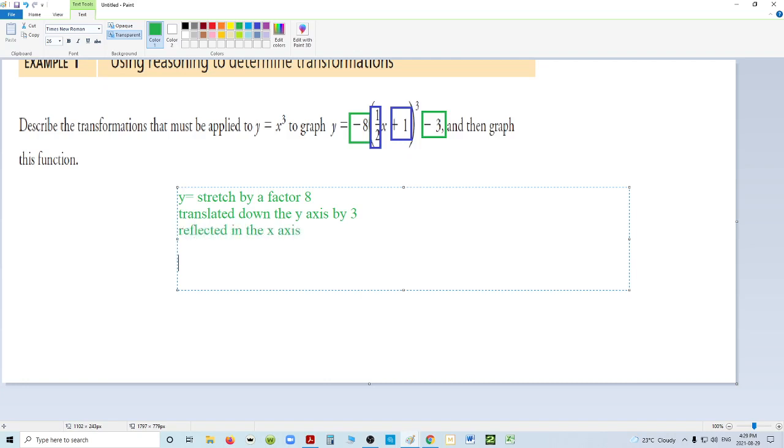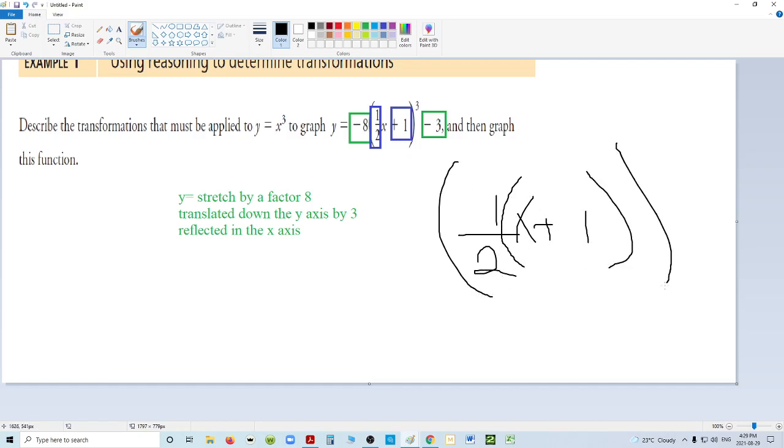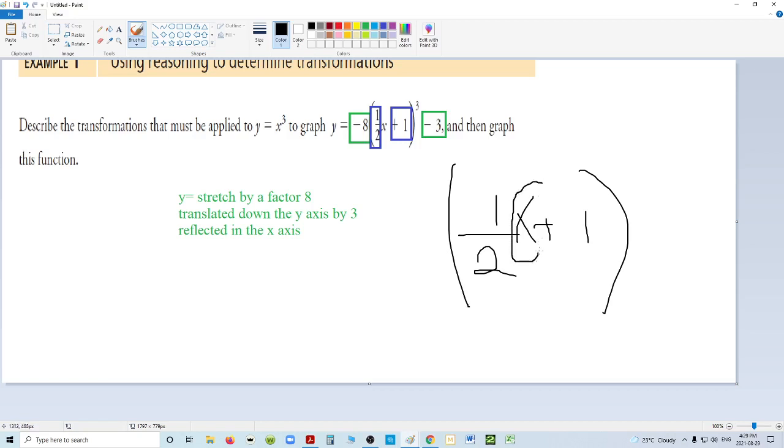Now let's look at why the x is not accurate and why teachers love to do this. Whenever you see a half x plus 1, it's not the way it should be. If that was properly translated, that would have all of that like this, and the cube would be out here, and this would be properly translated. However, the way it's written like this, you actually want the x all alone. So that means you have to factor out that half, and that means dividing each thing by a half.